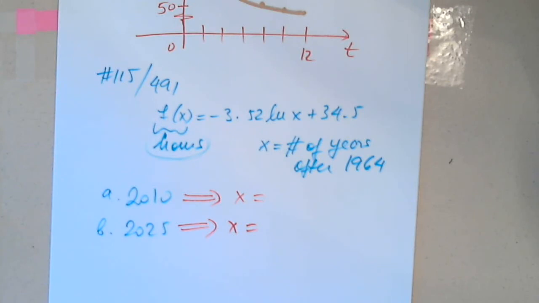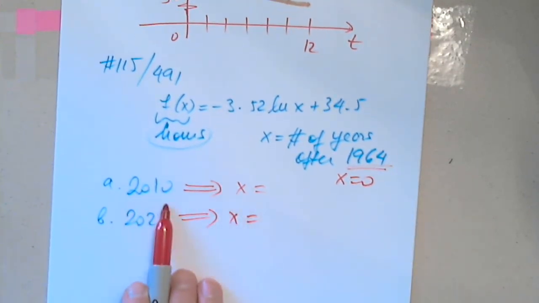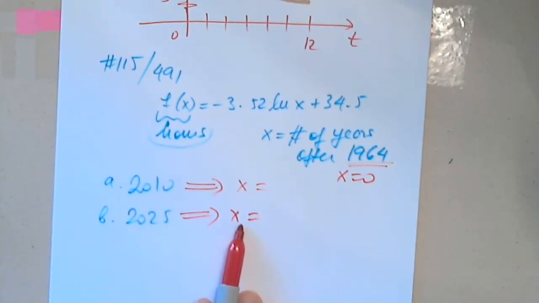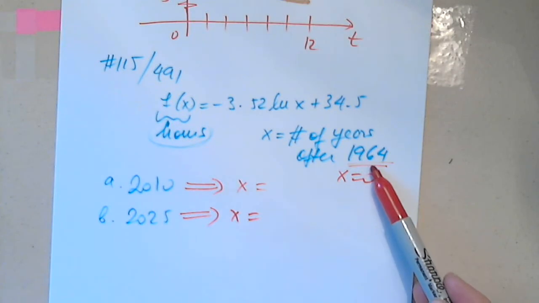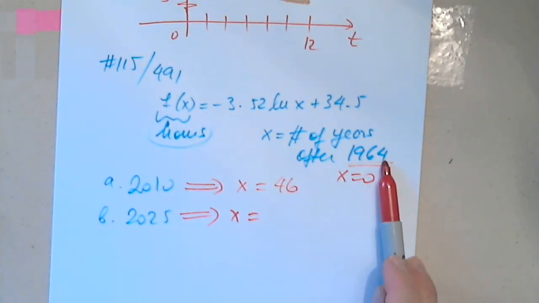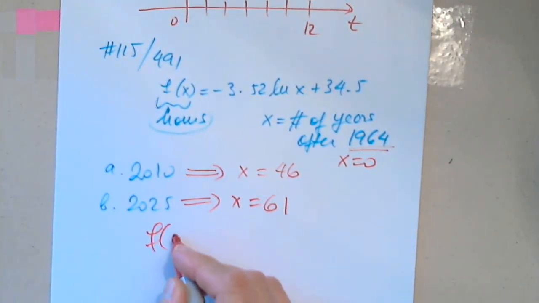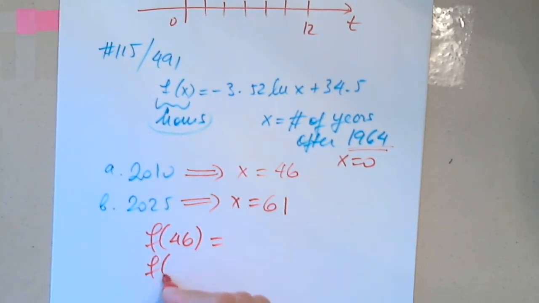Since x equals 0 for 1964, what will be x for 2010 and what will be x for 2025? So 2010 minus 1964, this is 46 years. And 2025 minus 1964, this is 61 years. All I have to do is find f of 46 and f of 61.